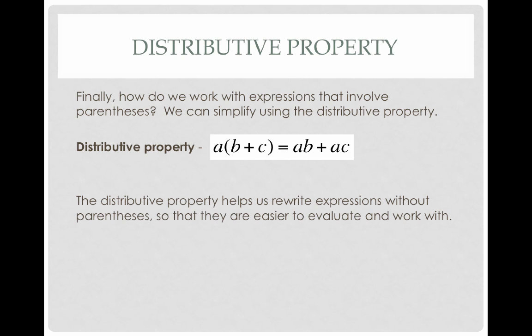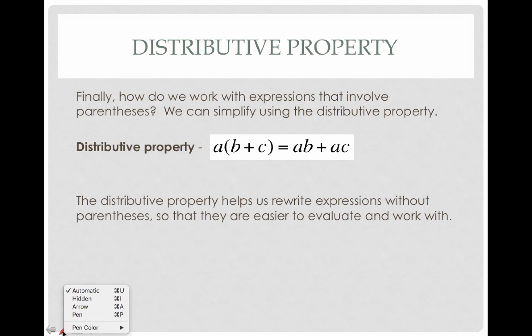As we start to simplify, work with expressions, parentheses, all these different things, it's nice to be able to simplify things down or rewrite it. You're going to work on a lot of the distributive property in your Desmos activity for this week. Here we go, distributive property.